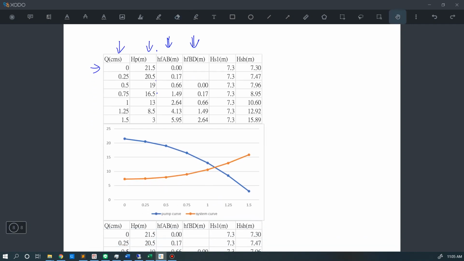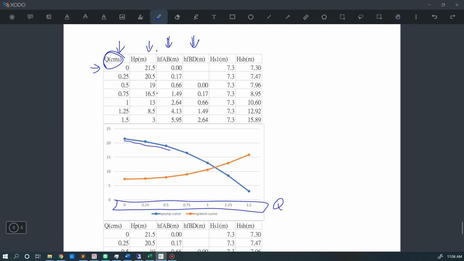Then we can use Excel to plot the curve out. So the x-axis is the flow rate, this is Q, and the blue line is the pump curve.